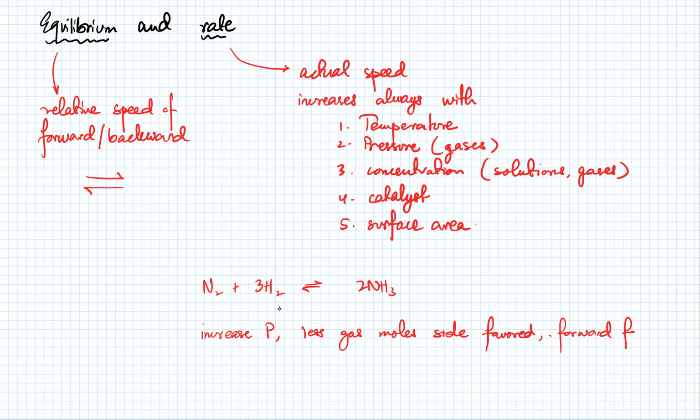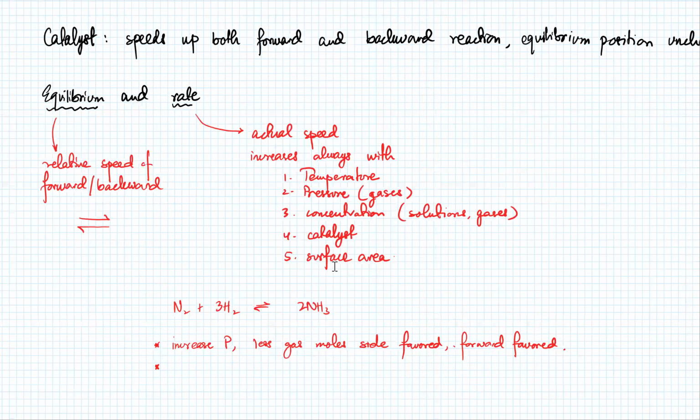So the forward reaction is going to get favored. But remember that an equilibrium comment is about the relative speed. When I say the forward reaction is favored, I just mean that the forward is faster compared to the backward. That's it.